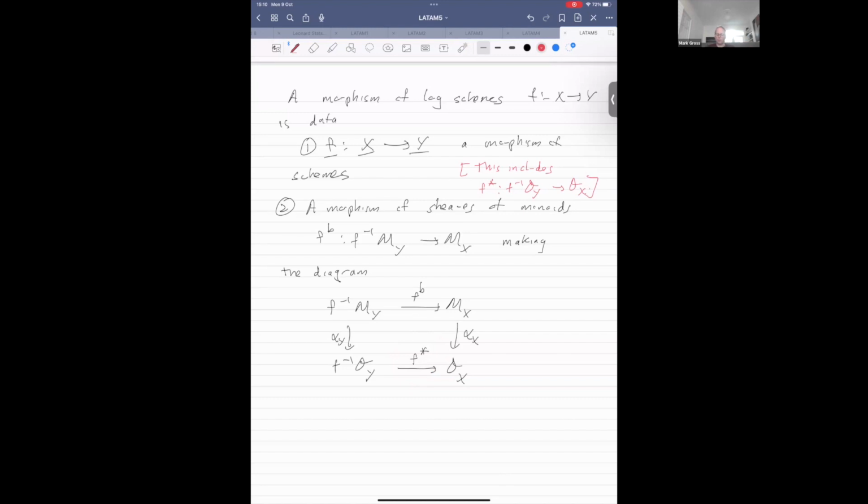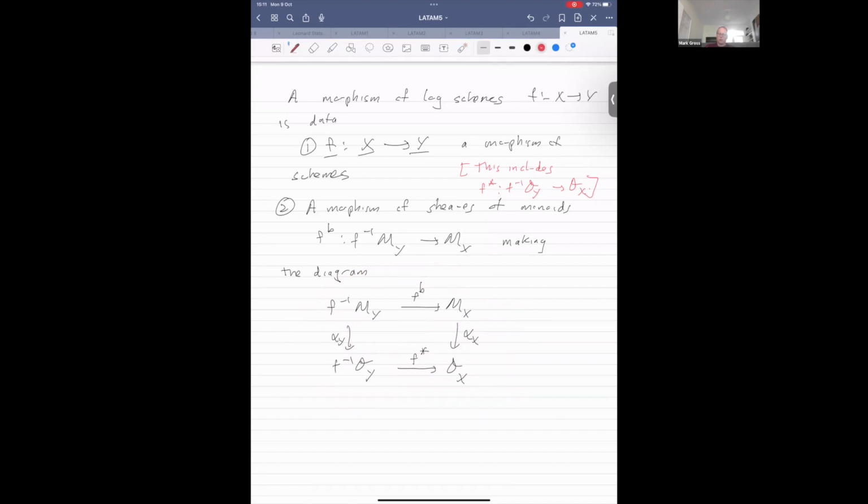That's part of the data of a morphism of schemes. So in other words, a morphism of log schemes just enhances this with a little bit more data. We now have a map like this, which is compatible with these vertical alpha maps.